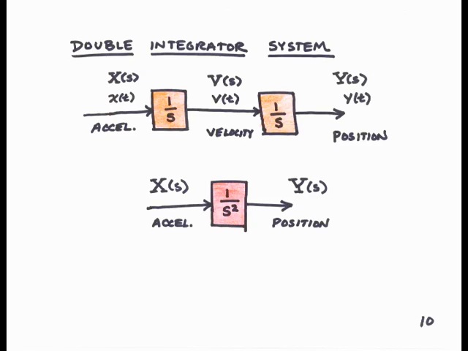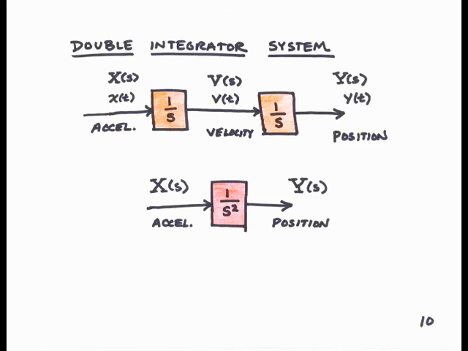We can represent this in diagrams as follows. We have x of t, or alternatively x of s, going into a system which integrates it. That system is given by 1 over s in the frequency domain. Out comes v of t, or alternatively v of s, which goes into another integrator, shown by 1 over s.